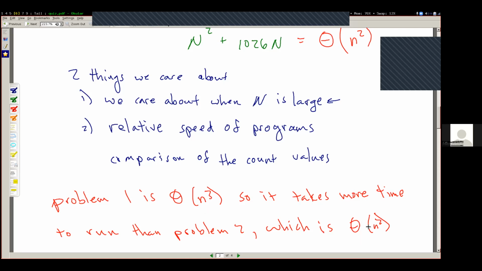N cubed and n squared is a relatively large difference, so by n of 1,000, I would expect most algorithms would be showing pretty large differences here. When we get to problem 4, I'll type in n equals 1,000, and we'll see that the computer won't finish; that would take multiple years to run. So in that case, even just n equals 2 or 3 shows really large differences.